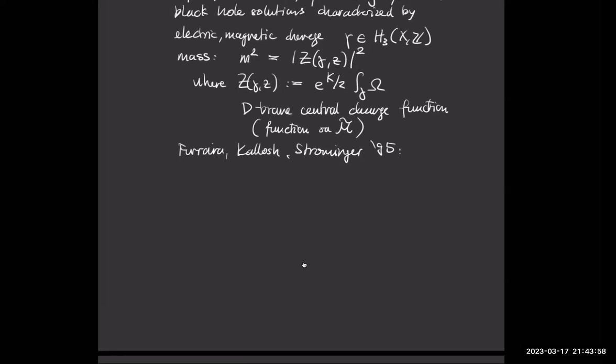I'm essentially only telling the outcome. So there is a particular gradient flow on M twiddle, which is called attractor flow.